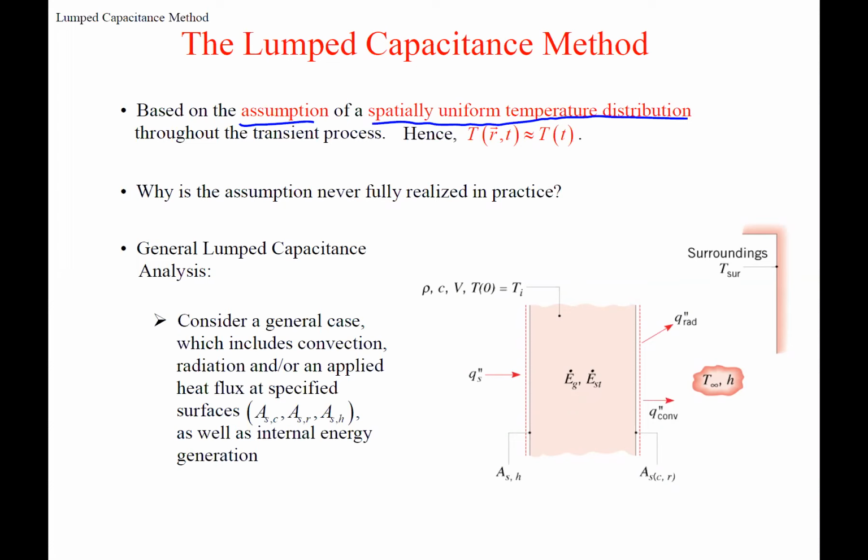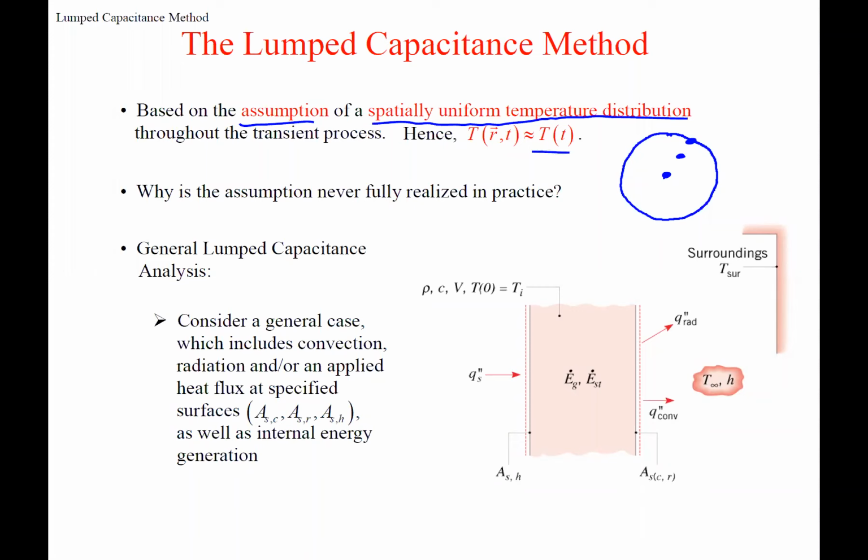If we had a sphere, it's saying the temperature here is the same as here, is the same as here. The temperature is always the same, and it only changes with time.